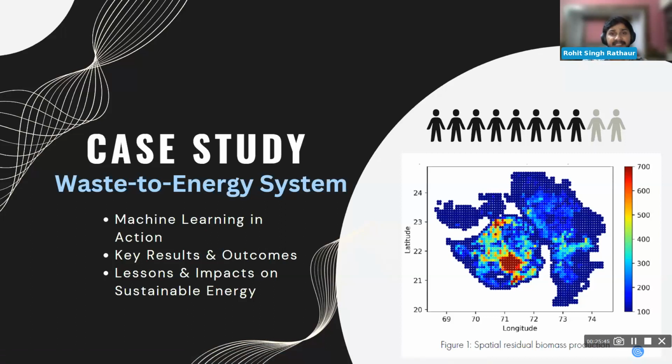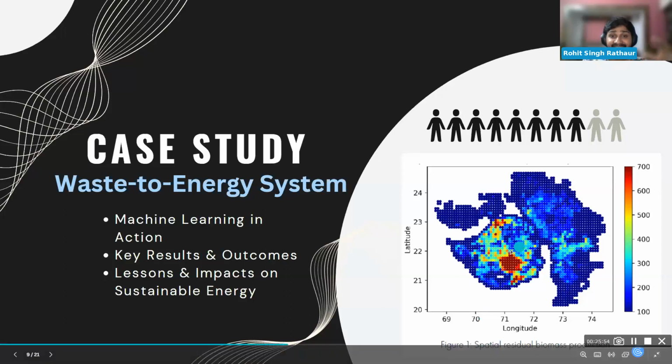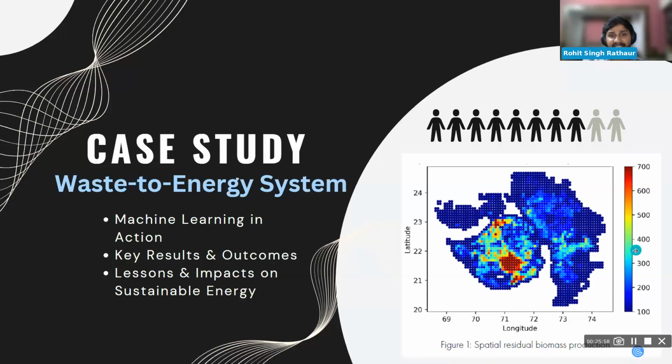The geographic region is divided into equisized grid blocks, and the average biomass production of each block is represented on the color scale, which you can see here.